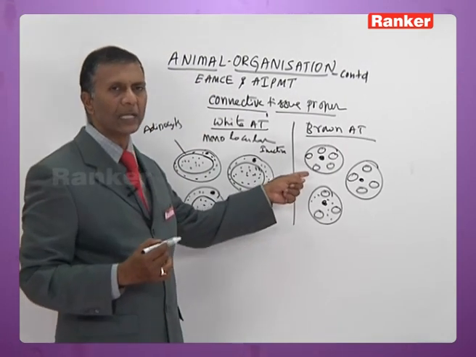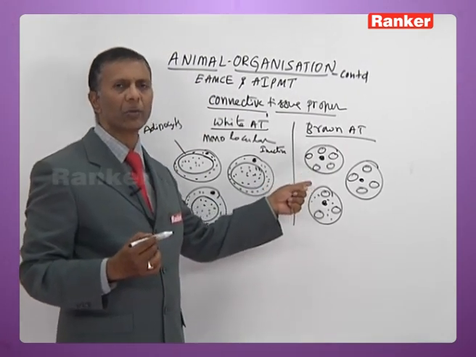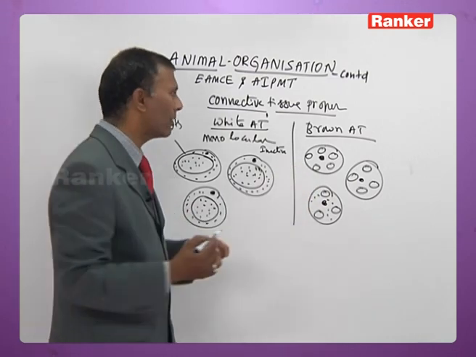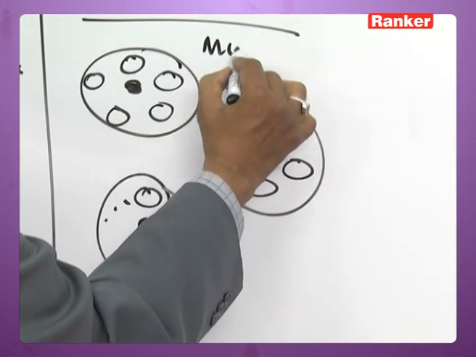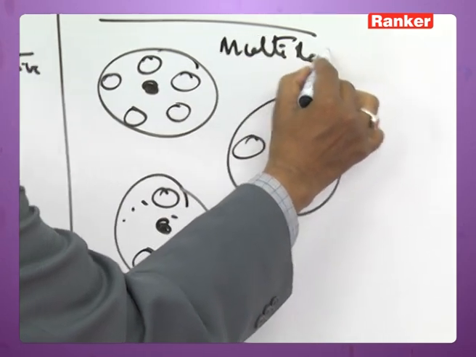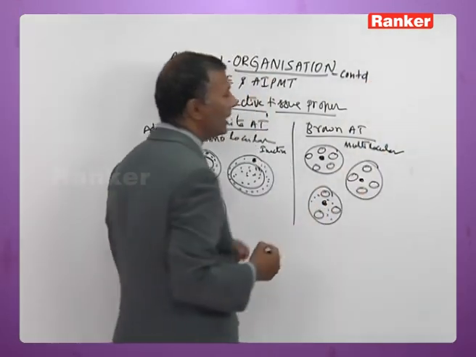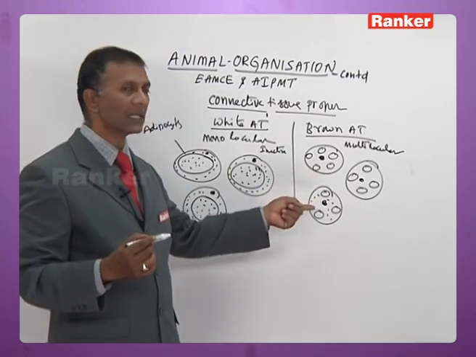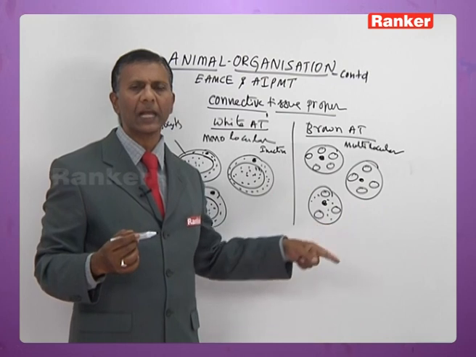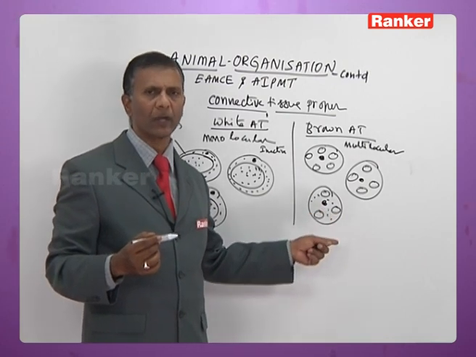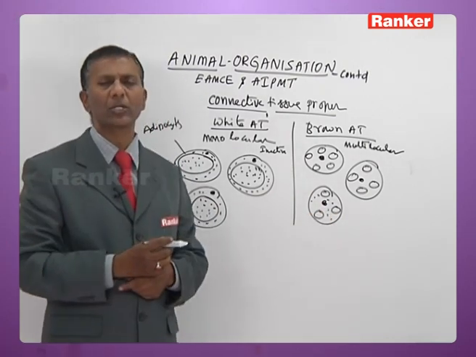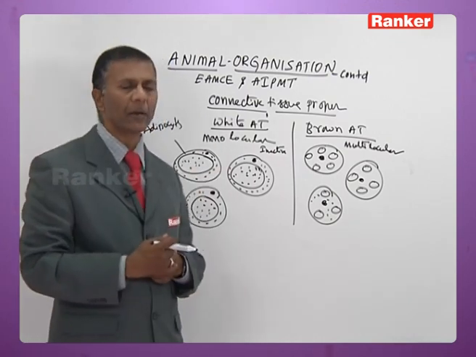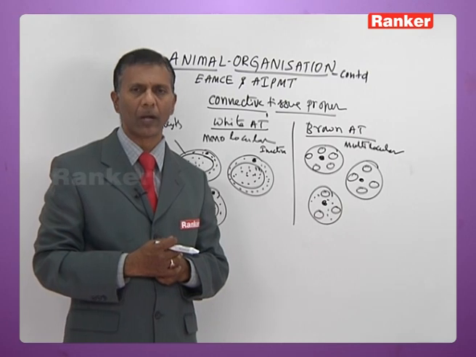That's why you refer to it as multilocular. And here the mitochondria do not have cristae, so whenever the fatty acids are burnt, heat is directly liberated into the body. So the main function of brown adipose tissue is to provide heat to the body, whereas the main function of white adipose tissue is to provide ATP to the body.